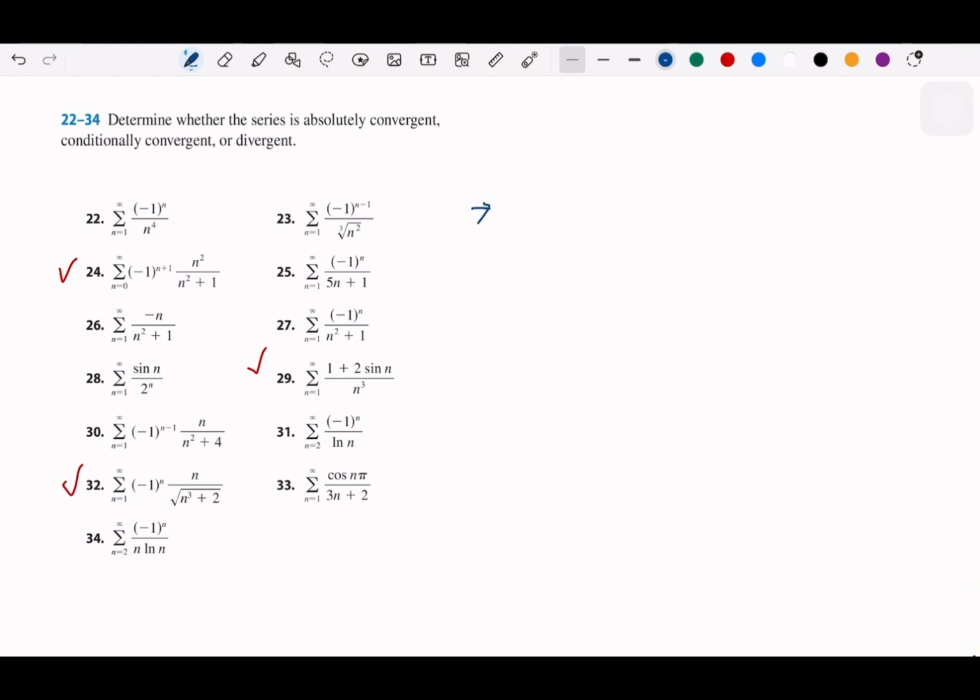So first step, take the absolute value for the series. Let me write it like that.